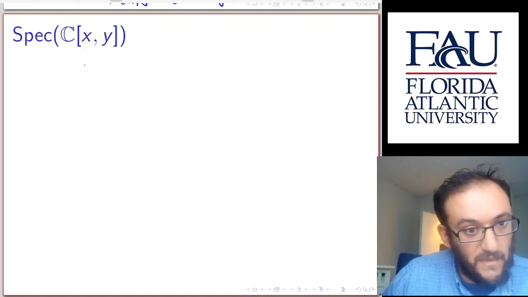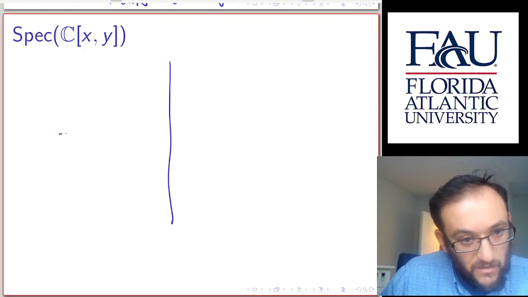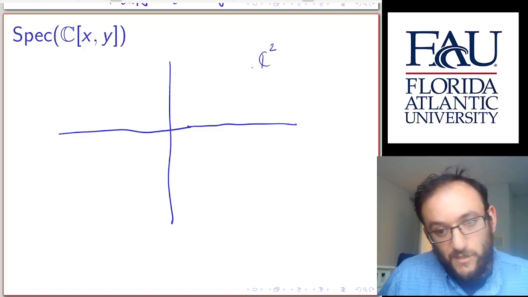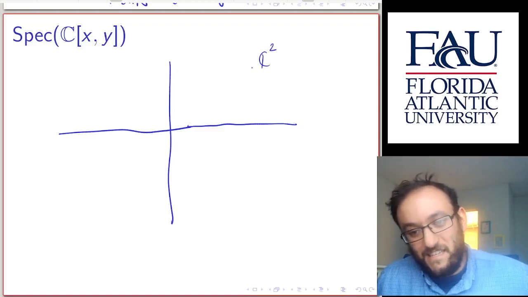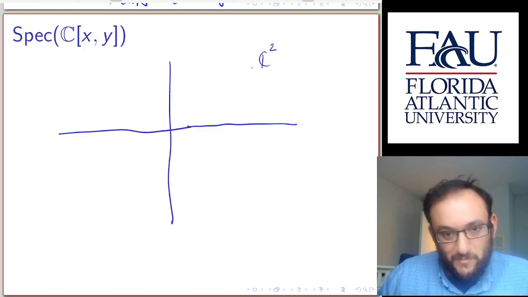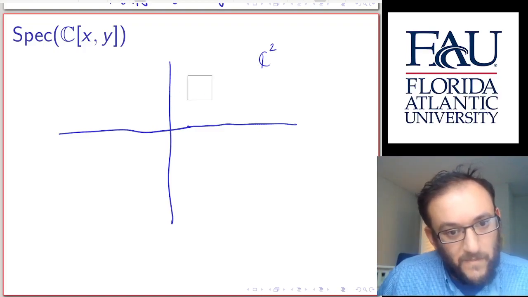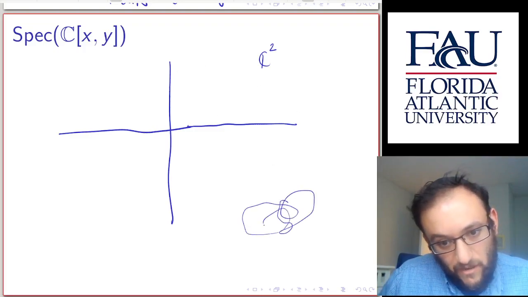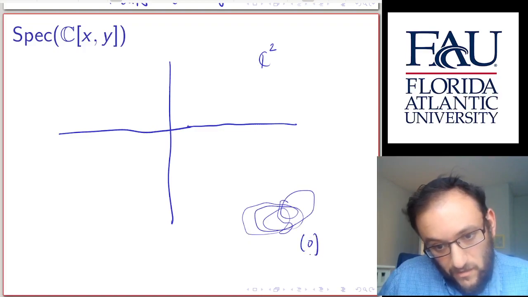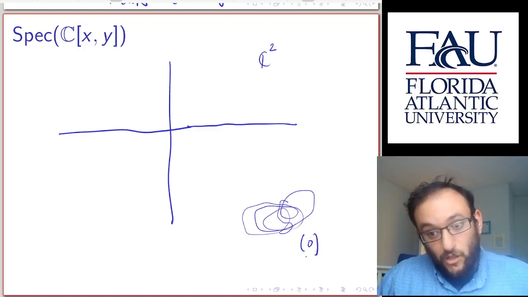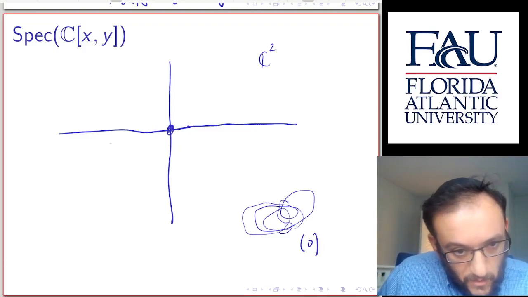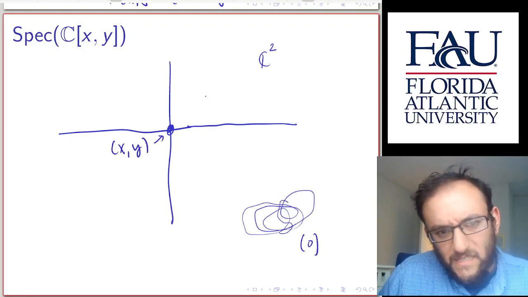So for instance, we have our C2 here. Obviously, this looks like C1 because C is determined by 2 real dimensions, but imagine this is C2. So you have this kind of messy, generic 0 point living here, which when you take the closure, you get the whole space. And then you have closed points corresponding to maximal ideals.